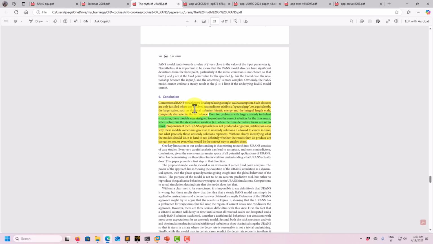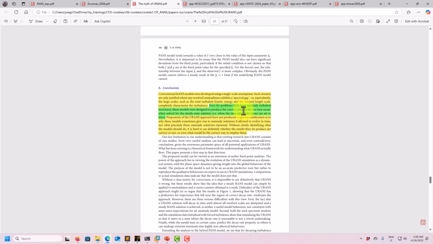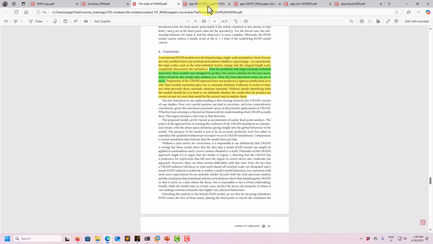Or equivalent, you have large scale. So when you have a strong unsteadiness, okay, if you put an aerodynamic body and then you have a blunt body, you will see the difference. The blunt body is quite easy. The aerodynamic body, the slender body, is very tricky to trigger that. So pretty much that is the gist of this paper.